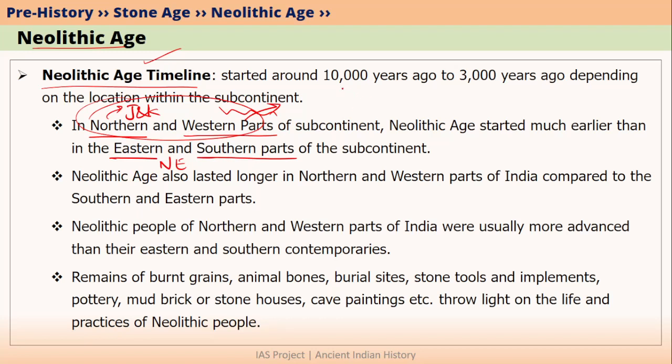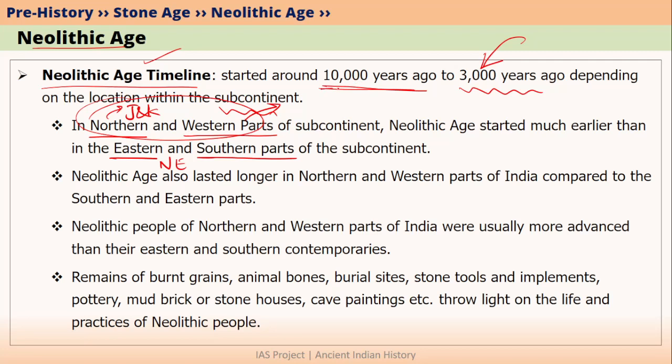So, in northern and western parts of the subcontinent, Neolithic Age started somewhere around 10,000 years ago. But in the southern part of the subcontinent, Neolithic Age started very late. In some regions, it is as late as 3,000 years ago. Therefore, we must keep in mind that whenever we say Neolithic Age, the timeline is varying.